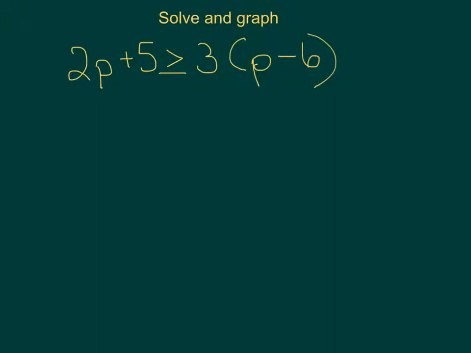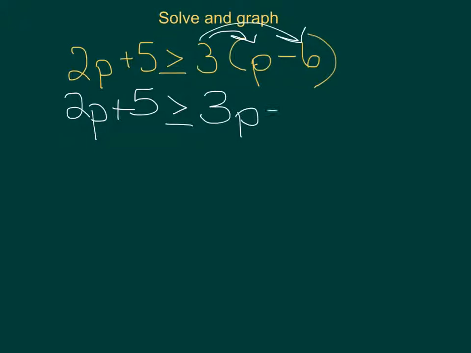As you recall from previous lessons, we can solve an inequality and then graph it to show us more of a visual of what numbers are represented in that inequality. So let's look at this example. 2p plus 5 is greater than or equal to 3 times (p minus 6). So my 2p plus 5 is greater than or equal to stays the same. And then we just distribute our 3. So it becomes 3p minus 18.